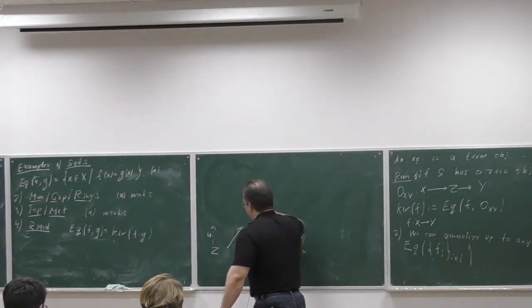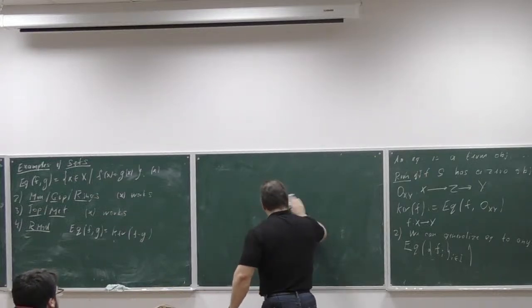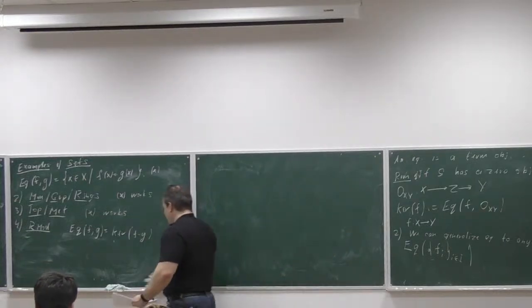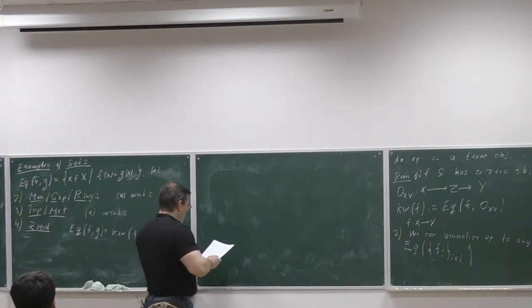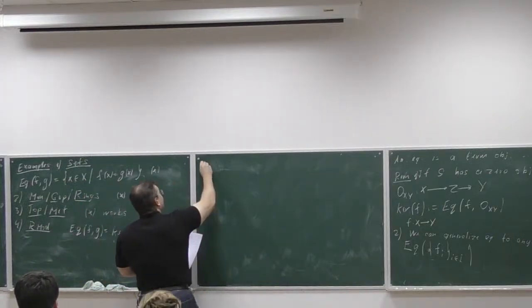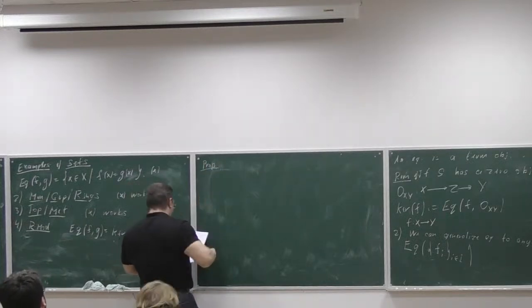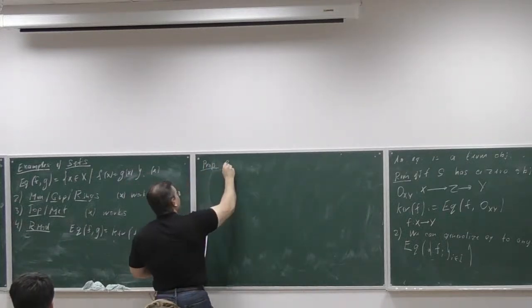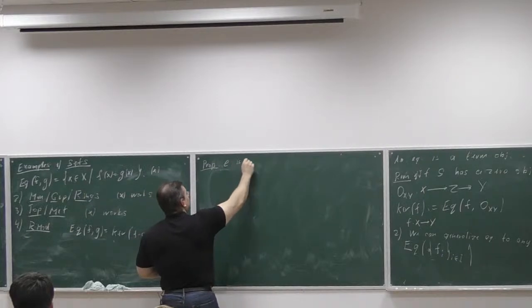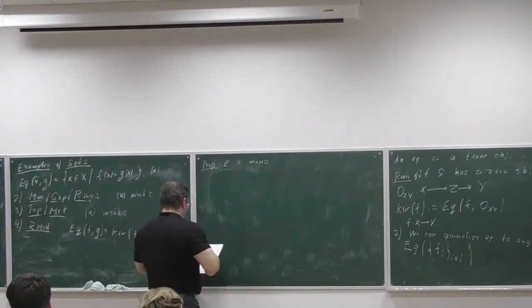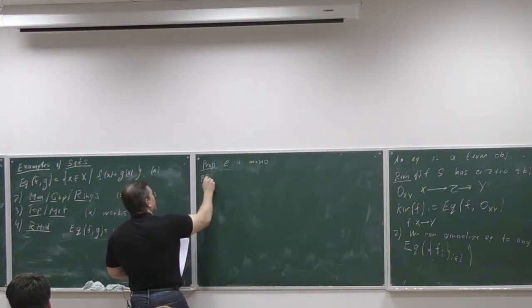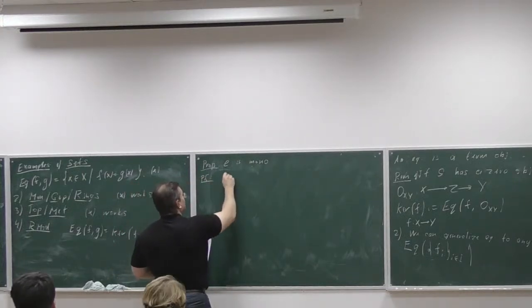About equalizers, I have two simple observations, which take longer to formulate than to prove. Proposition: in any equalizer, E is mono. So let's go back to the definition.